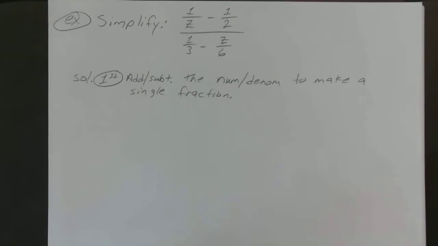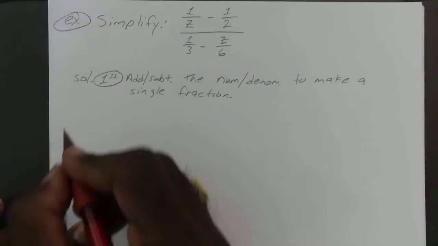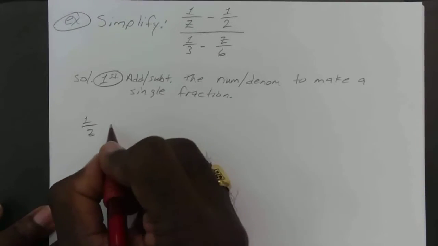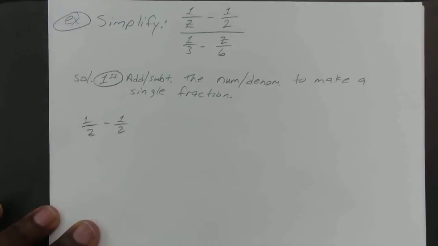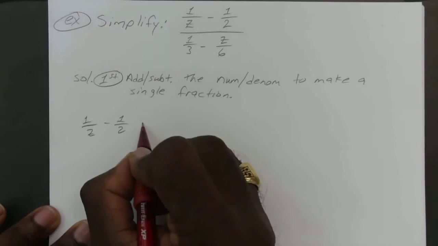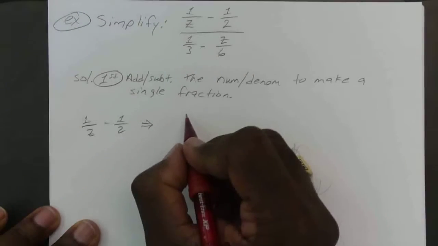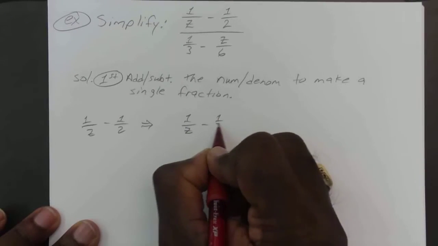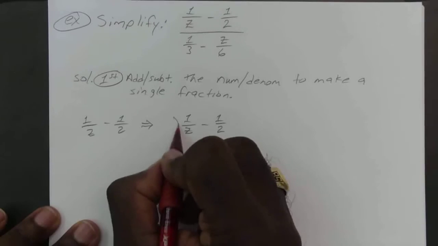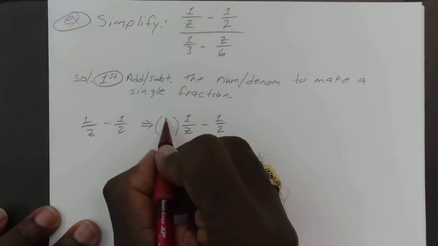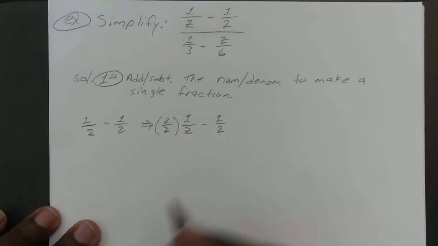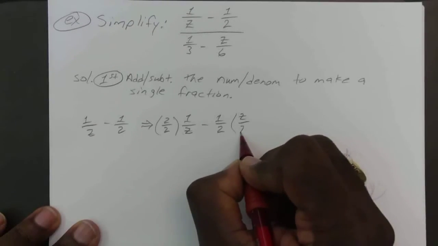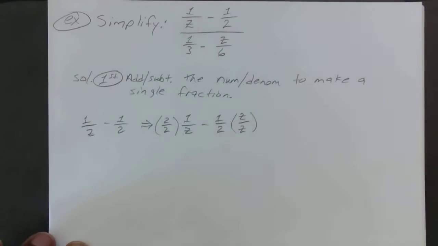From there, we're going to do the numerator first. So you have 1 over z minus 1/2. That will become 1 over z minus 1/2. Multiply this one by that denominator, so 2 over 2. And multiply this one by that denominator, which makes it z over z.